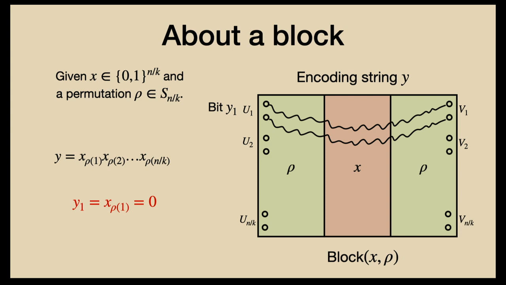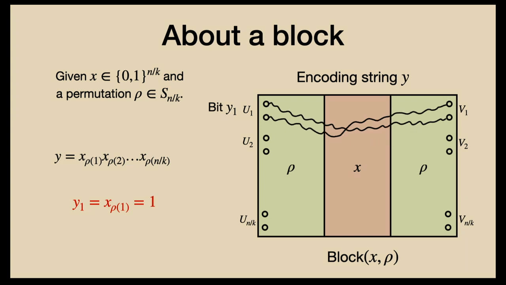And the second one is also going to be connected directly to its counterpart on the right. And if this bit was 1, they're going to be crossed somewhere. I have not told you how this is happening. I have not told you what goes on inside this rho. But let's just say that you can construct this, and this is what we want out of a block, and this exists.